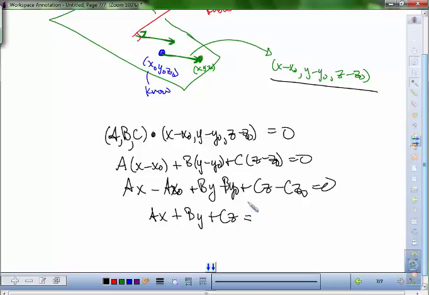We can have the same sort of business here. If I bring the a x naught, b y naught, and c z naught to the other side, they become positive. Not that it matters, because this is just a number, so we'll just call it d.